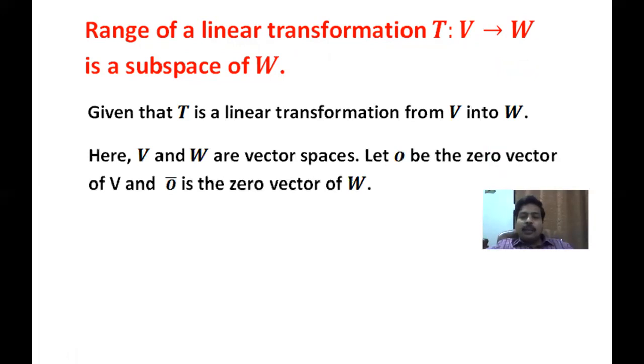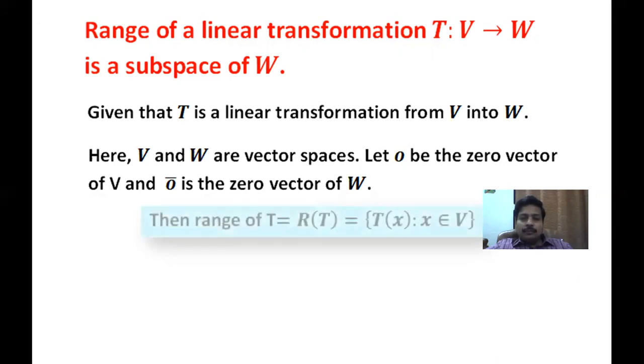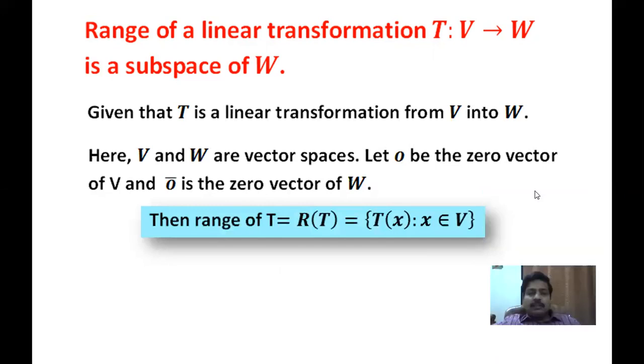Let O be the zero vector of V and O bar the zero vector of W, as we stated earlier. Then the range of T, the symbol is R of T, is equal to the set of Tx such that x belongs to V.